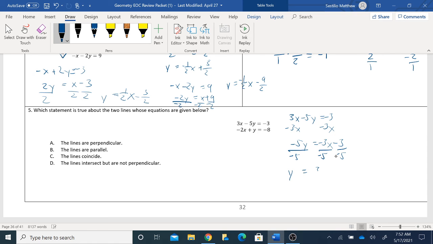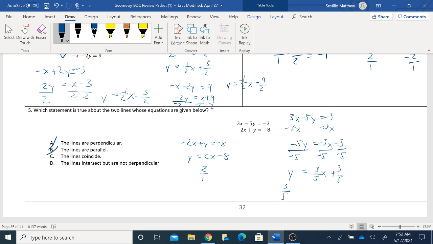So we get y equals 3 over 5x plus 3 over 5. Now we got to do the next one. Negative 2x plus y equals negative 8. Add 2x to both sides. We got a slope of 2 over 1, and we got a slope of 3 over 5. These are not the same, so they're not parallel. These are not opposite reciprocal, so they are not perpendicular.